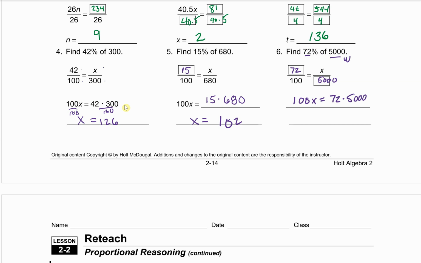Big number, 72 times 5,000, but that's okay. 72 times 5,000 is massive. It's 360,000. We're going to divide that by 100, and I'm going to get x equals 3,600. Don't worry if your numbers seem big. You can always go back and plug them in and check.